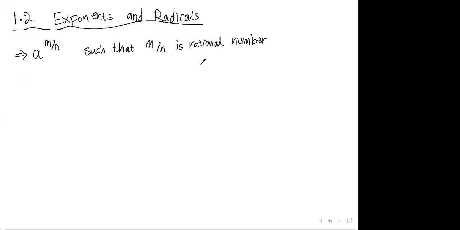A rational number is any number of the form m over n, such that n is not equal to 0, and m and n are both integers.